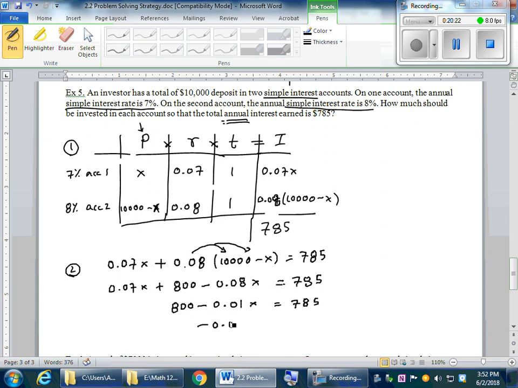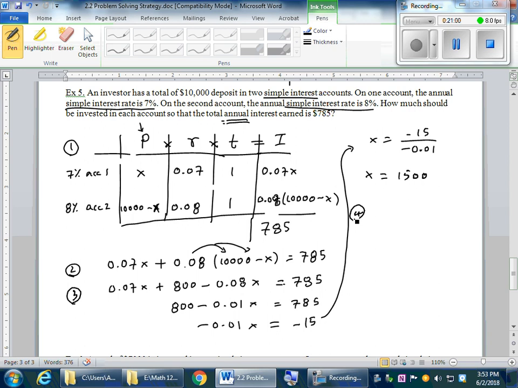Subtracting 800 from both sides, that gives us negative 15. Okay, and dividing both sides by negative 0.01, that gives me x is equal to, negative and negative become positive, so it will become 1500. So now we can interpret the last step, which is asking how much should be invested into each account.